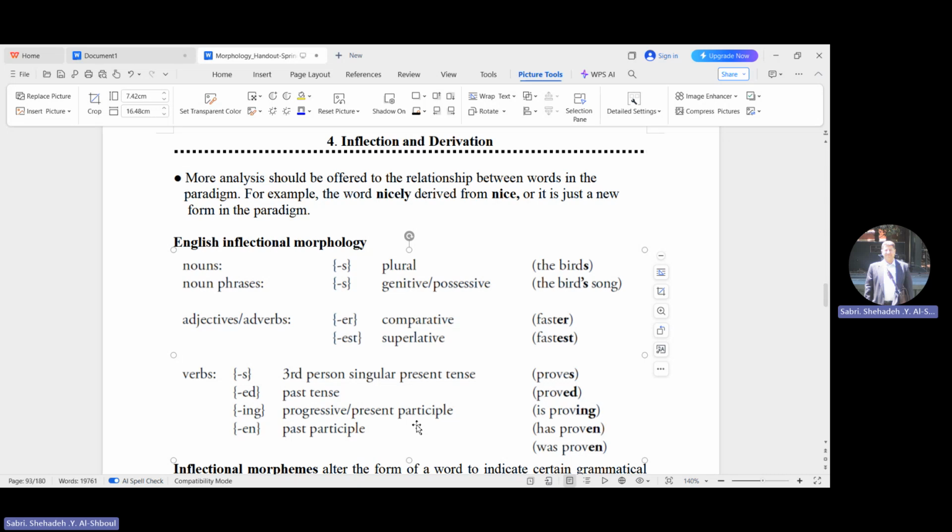While both involve the modification of word forms through the addition of affixes, these processes serve fundamentally different linguistic functions and operate within distinct grammatical domains.